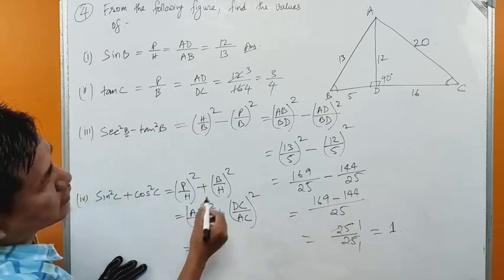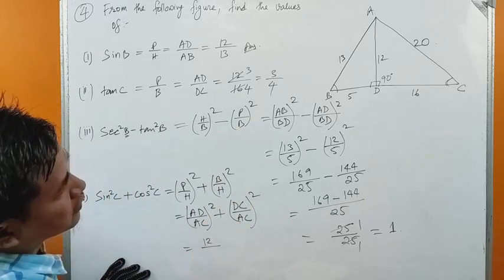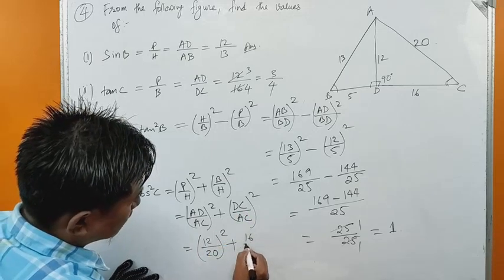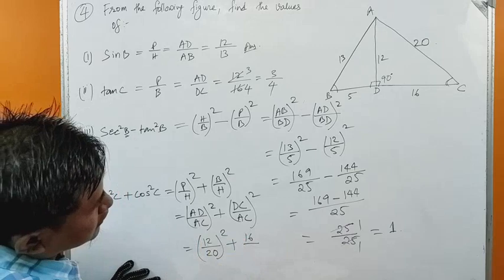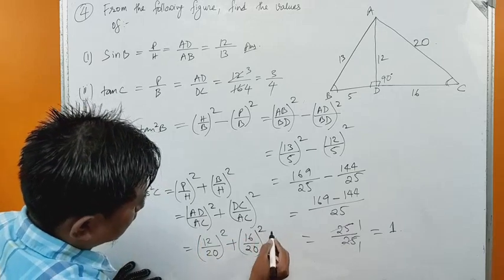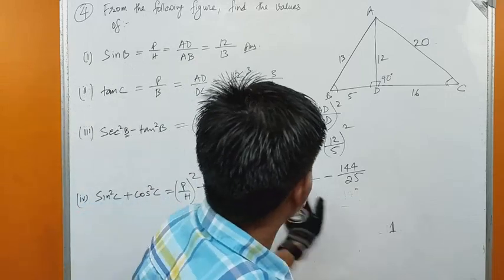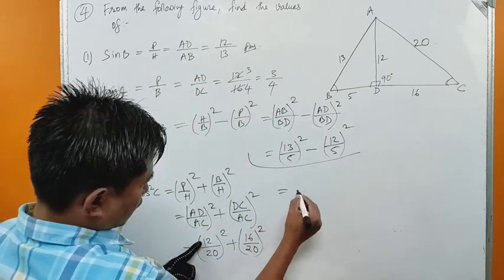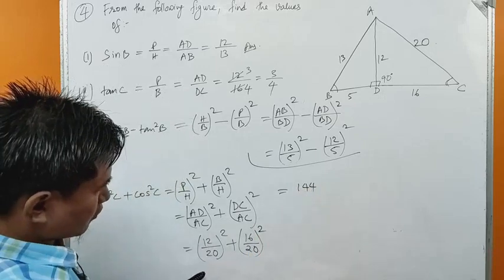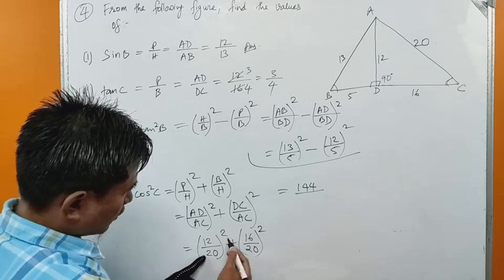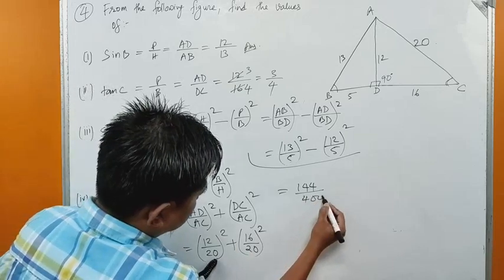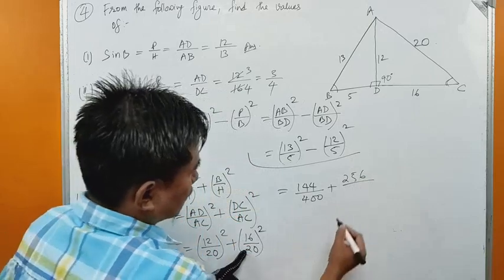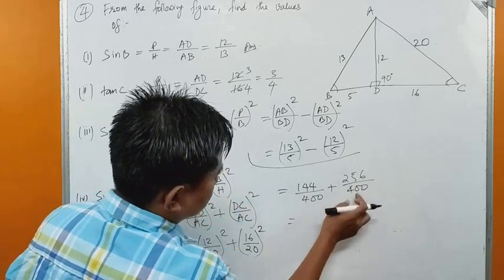So AD is 12, AC is 20, whole squared, plus DC is 16 upon AC, which is 20, whole squared. 12 squared is 144 upon 20 squared, which is 400, plus 16 squared is 256 upon 400.